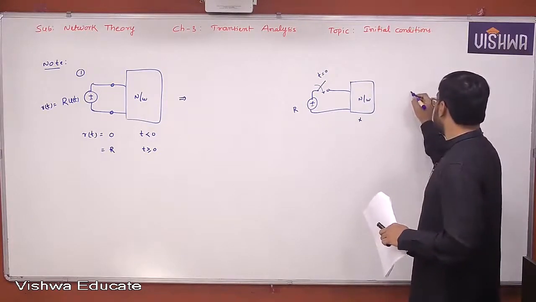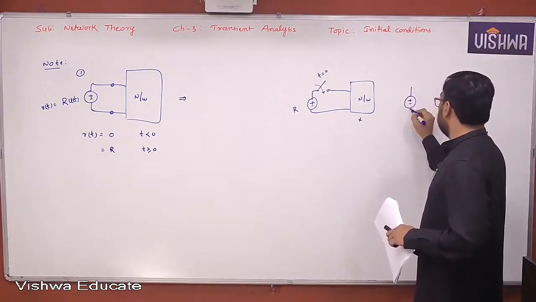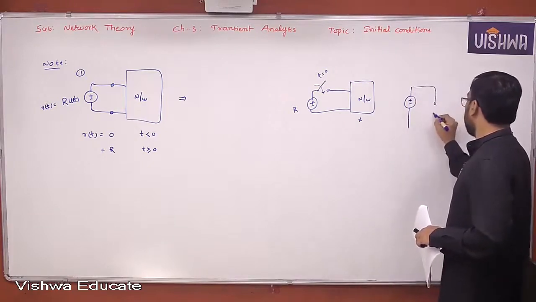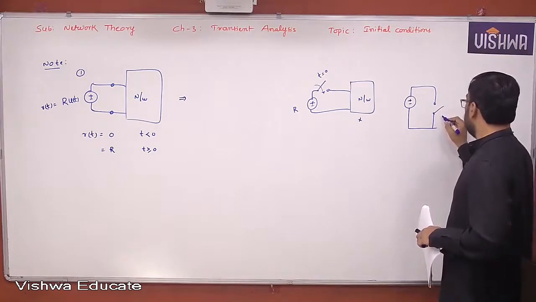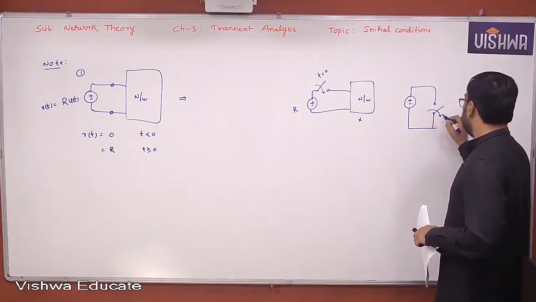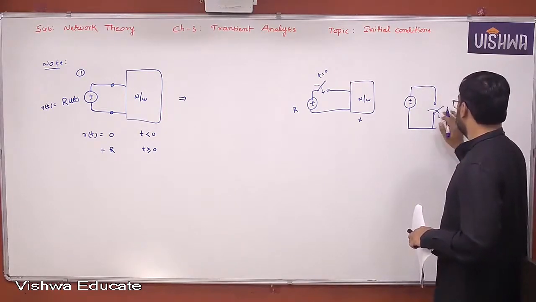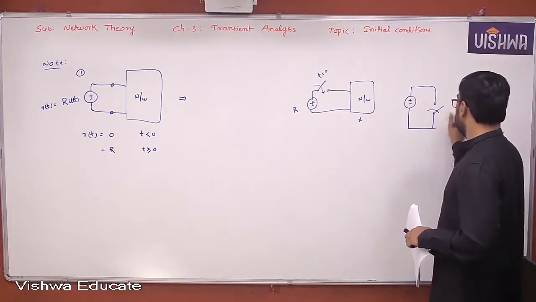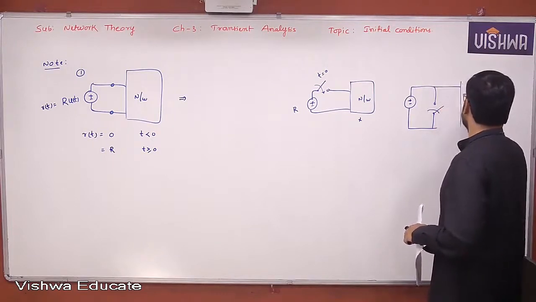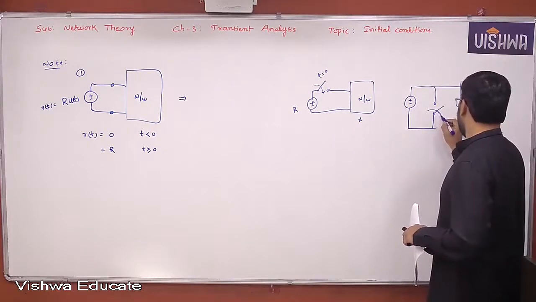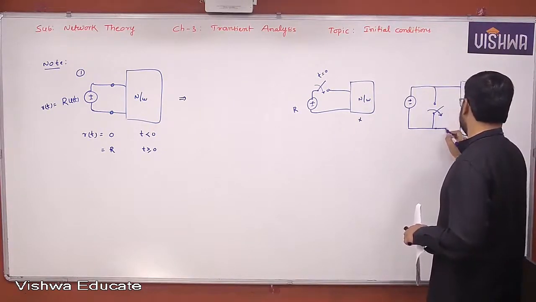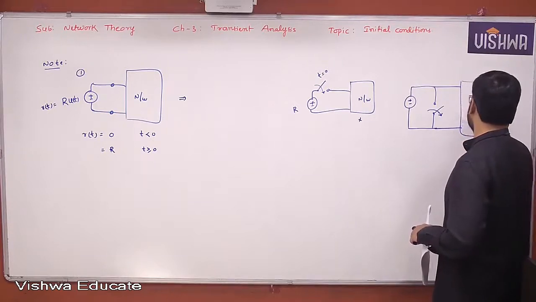Now, some people may place it like this. Some people may give an answer something like this. Look at this. I'll give you the switch position here. I'm just opening the switch. This is a network.